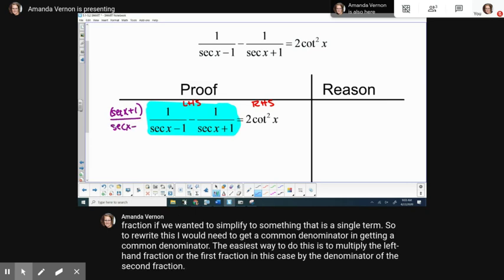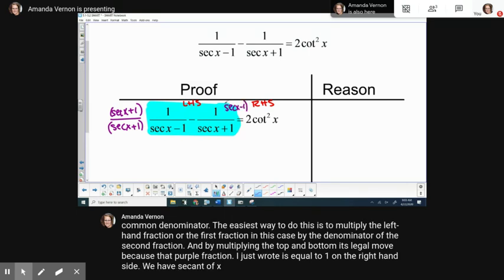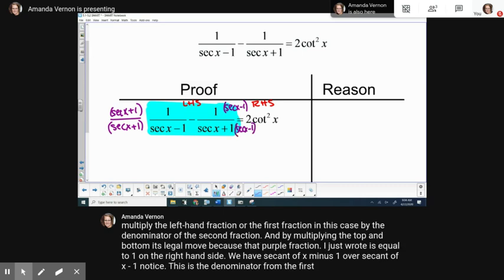And by multiplying the top and bottom, it's a legal move because that purple fraction I just wrote is equal to 1. On the right-hand side, we have secant of x minus 1 over secant of x minus 1. Notice this is the denominator from the first fraction.